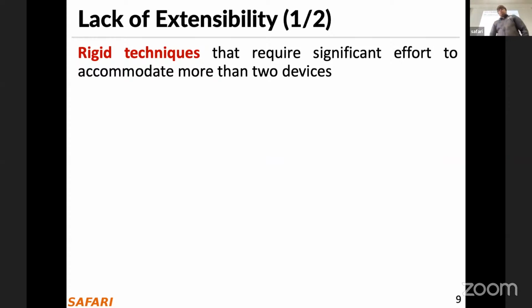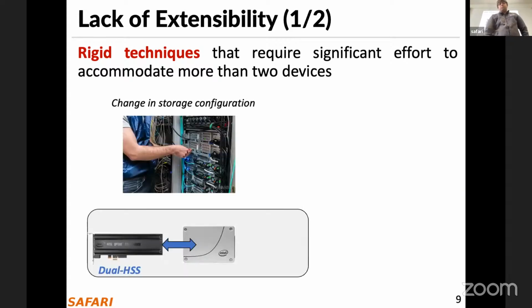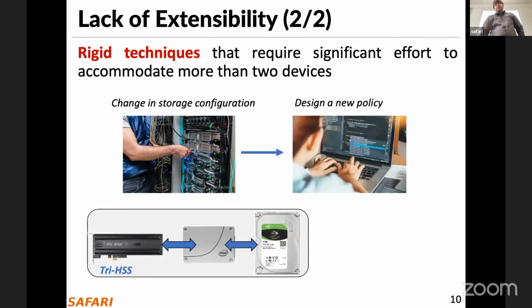So we then move on to lack of extensibility. These techniques are very rigid and they require significant effort to accommodate more than two devices, or even if there are multiple devices, if you remove a device, then it needs an entirely new policy. When you increase the number of devices from a dual HSS to a tri HSS, we need to design a new policy.